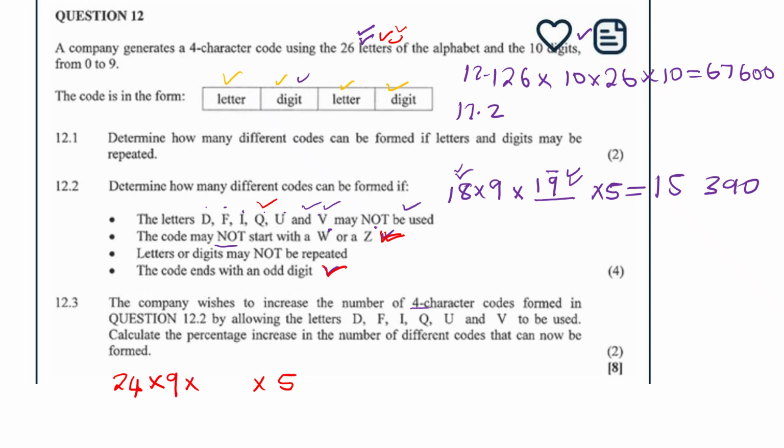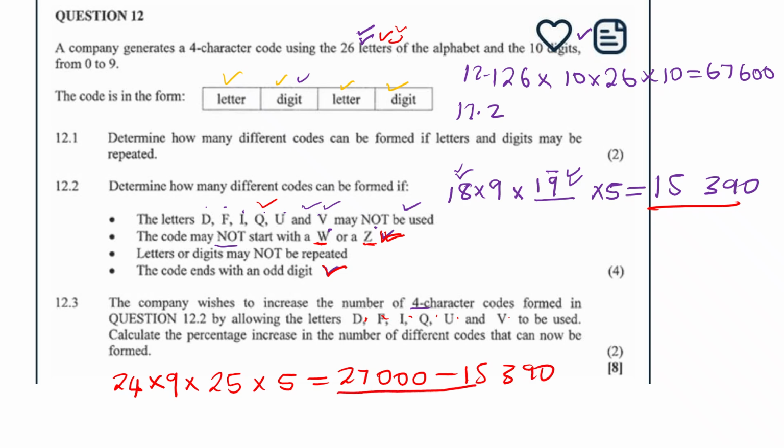Therefore multiplied by, because now we can use D, F, I, Q, U, and V, but we have to add W or Z, right, in the middle of these numbers, W or Z. Therefore it's either we're gonna have W or Z. So we have 25, which is equal to what? 27,000.